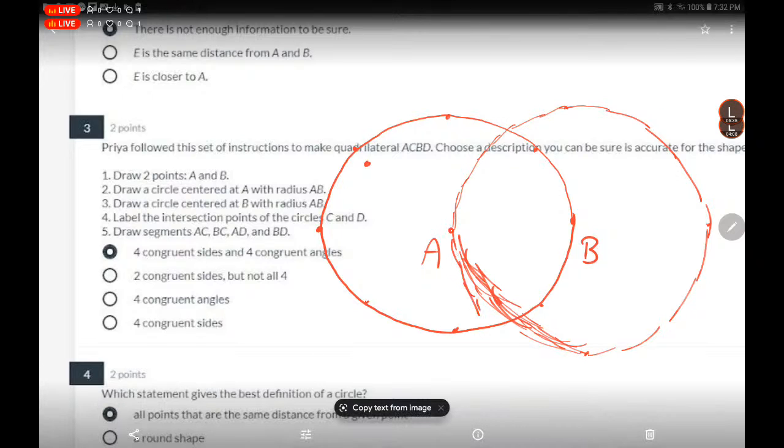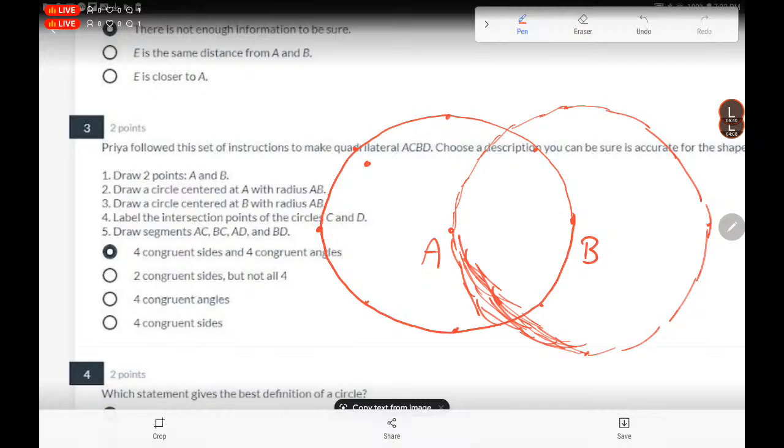Let's make this more like a circle. Okay. Label the intersection points of the two circles C and D.